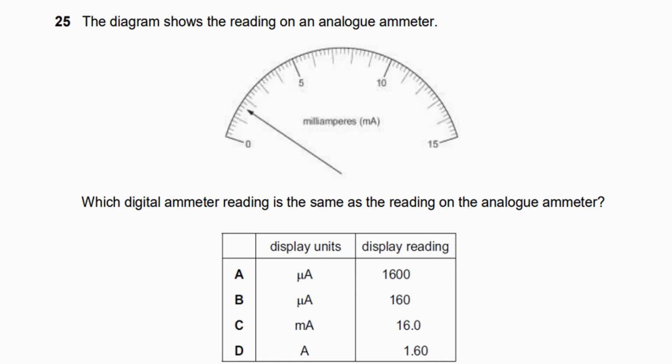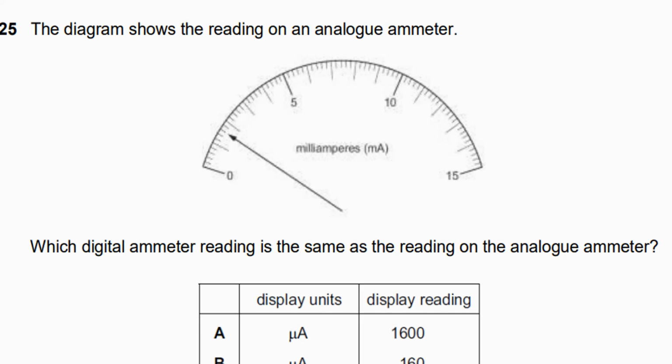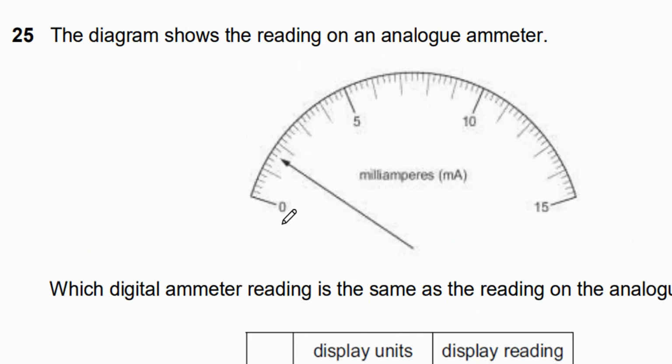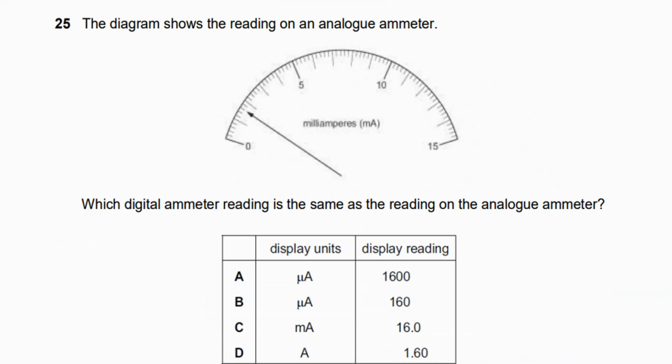Let's look at the smallest division. We want the value of the smallest division. So we have 1, 2, 3, 4, 5 small divisions from 0 to 1. So the value of the smallest division will be 1 divided by 5. In other words, 0.2.